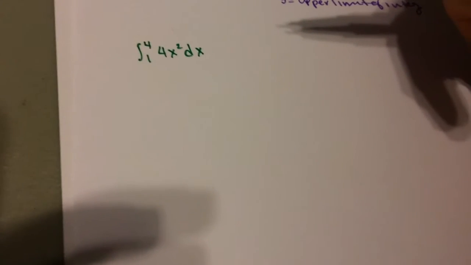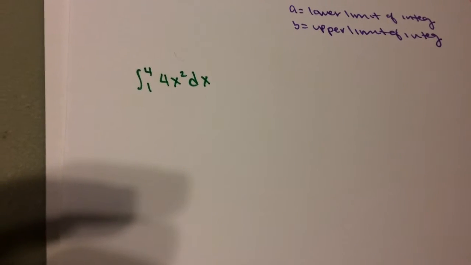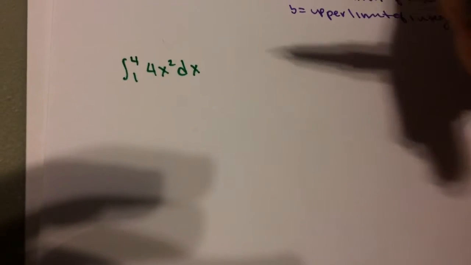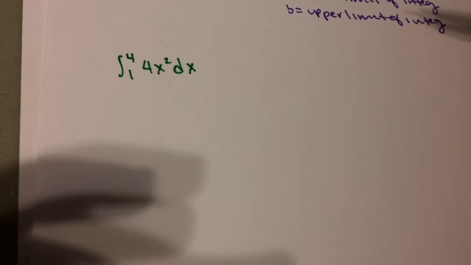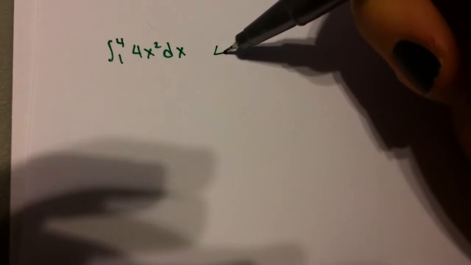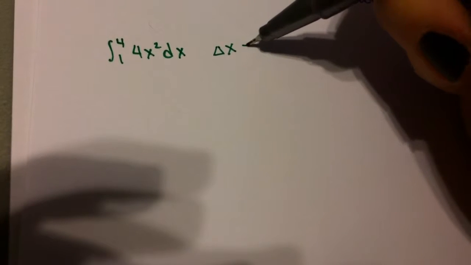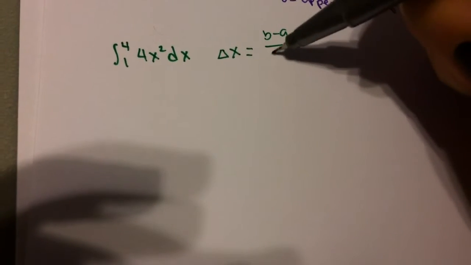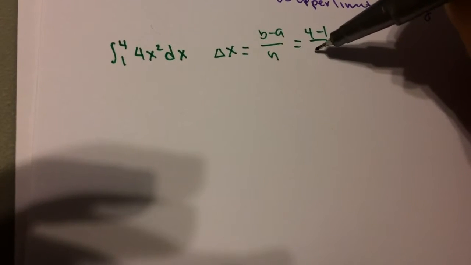Okay, so our example problem will be to find the definite integral by the limit definition of 4x squared in the interval 1 to 4. Now first I want to find the partition, which is delta x, and if you remember that's b minus a over n, so I can find that by just subtracting the given values.